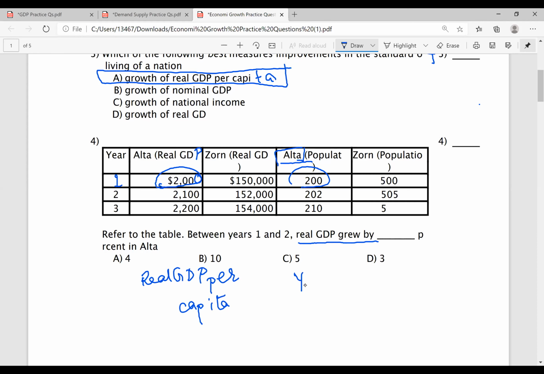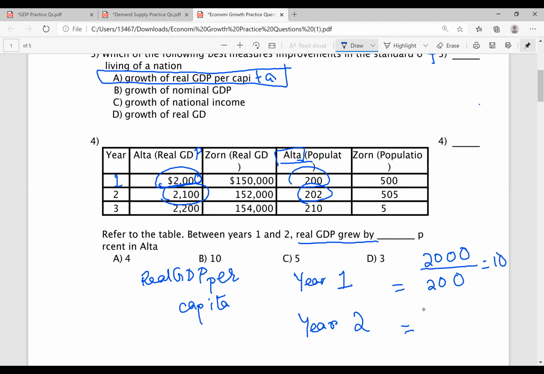One is year 1, and the next one is year 2. I'm going to circle the numbers I will use here. For year 1, it is 2000 over 200, so this is equal to 10.